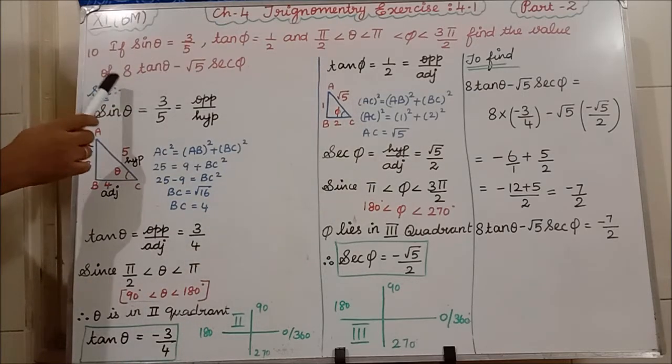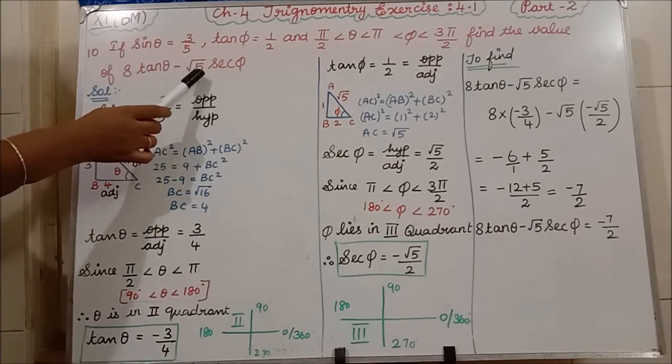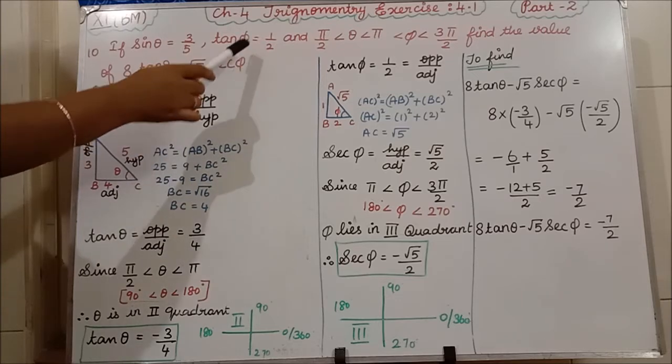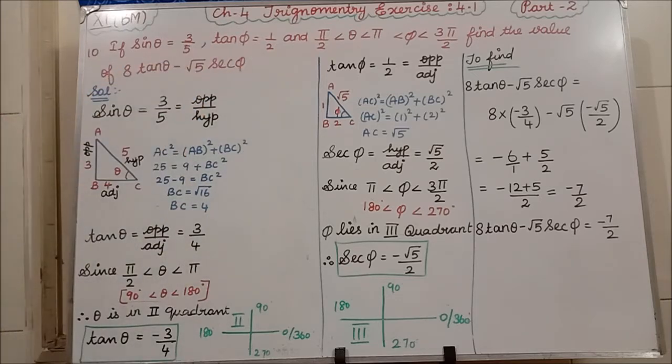Find the value of 8 tan theta minus root 5 sec phi. Okay, this value we have to find.